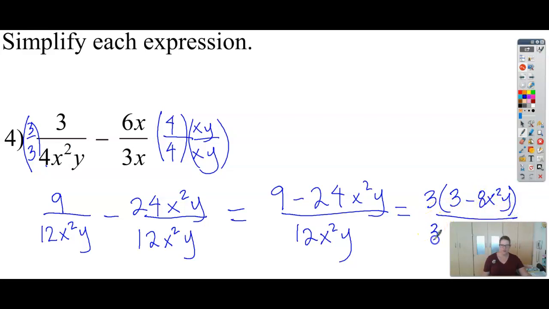And then 12 is 3 times 4, right? So those 3's can cancel. So I'm just left with 3 minus 8x squared y over 4x squared y. Okay, so get the common denominator. Go ahead and do the subtraction across the top, and then see if you can simplify at the end.